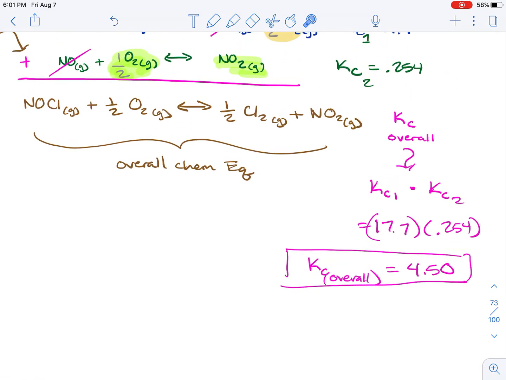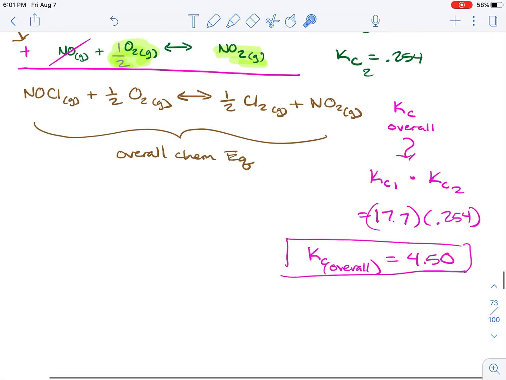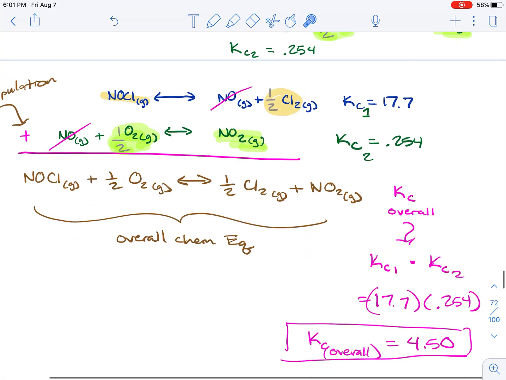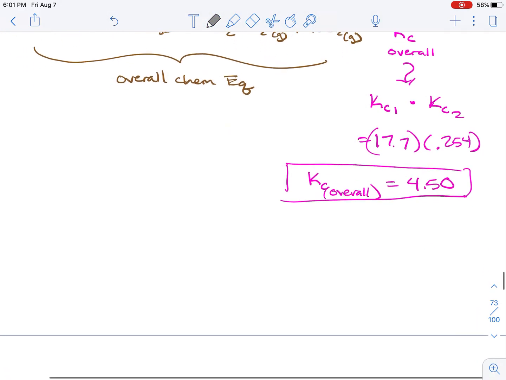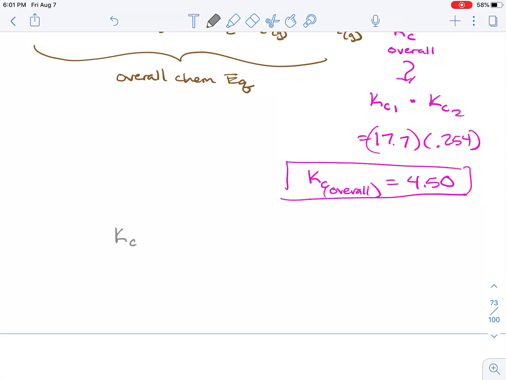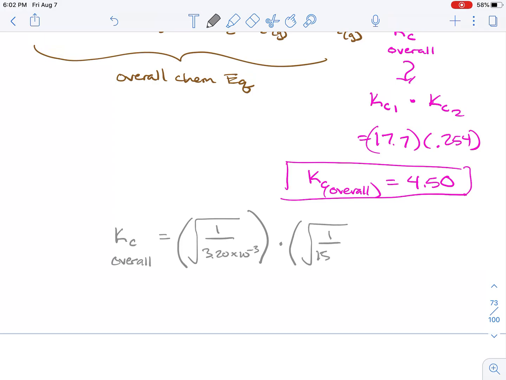Now, you might get a different value if you did all the manipulations in one go. For example, if you did Kc overall equals parentheses square root of 1 over 3.20 times 10 to the negative 3, times the square root of 1 over 15.5. So this is Kc1, this is Kc2.